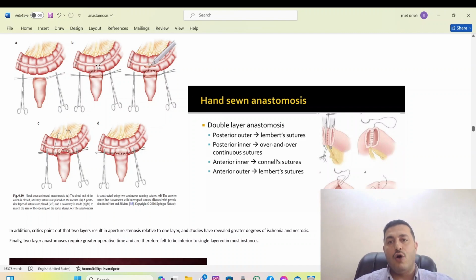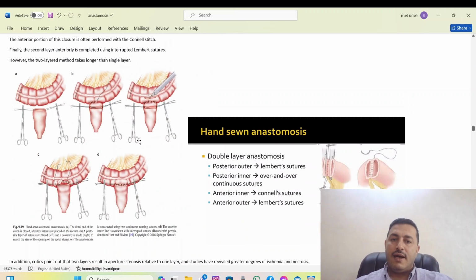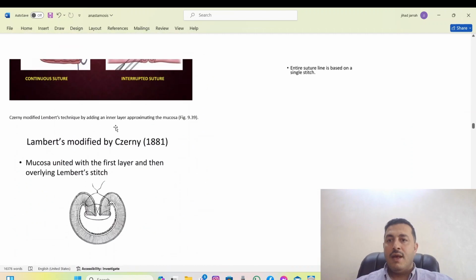Before even doing an enterotomy, he approximated the serosa, then a second layer here in the posterior wall, and here he performed the anterior wall using Lambert's stitch. Okay, again, what's recommended regarding this technique, we will see.